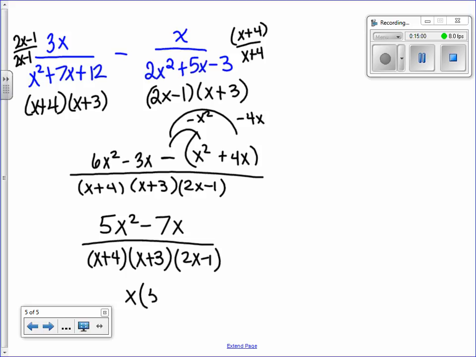Factored, it is x, 5x minus 7 over all of this. There you go. We know it's not going to cancel anything out, but we have to go through those steps. That should be okay.